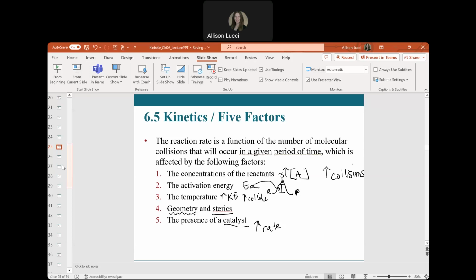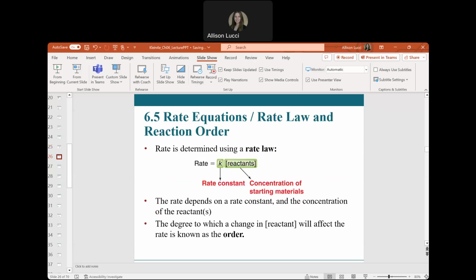So let's move on here to something else that may look familiar, something called a rate equation, aka a rate law, and then how we determine what order a reaction is. So hopefully this is a review for you. If not, go back and review what rate laws are and the form of the rate equation that we have here.